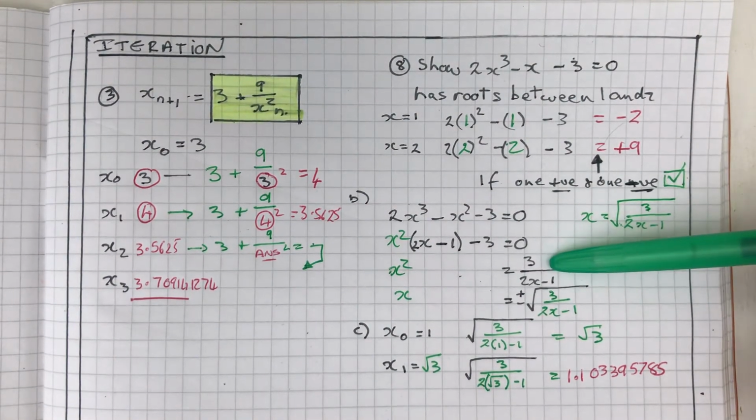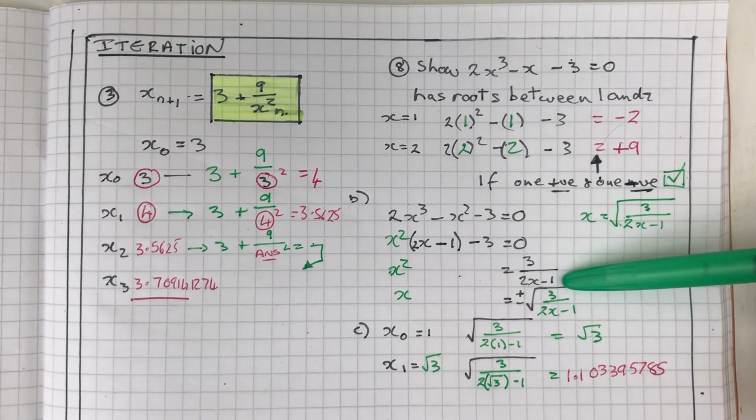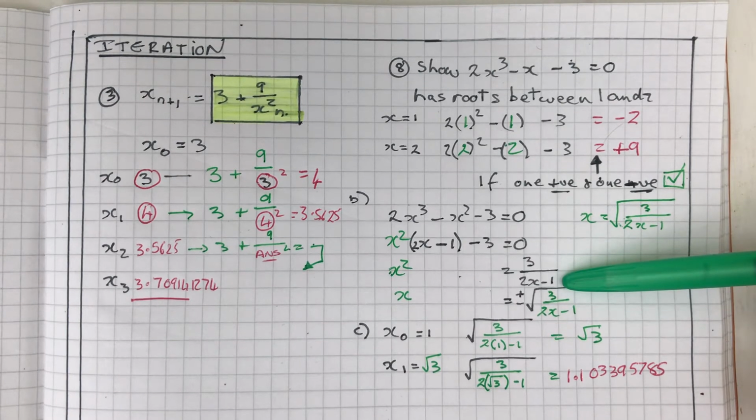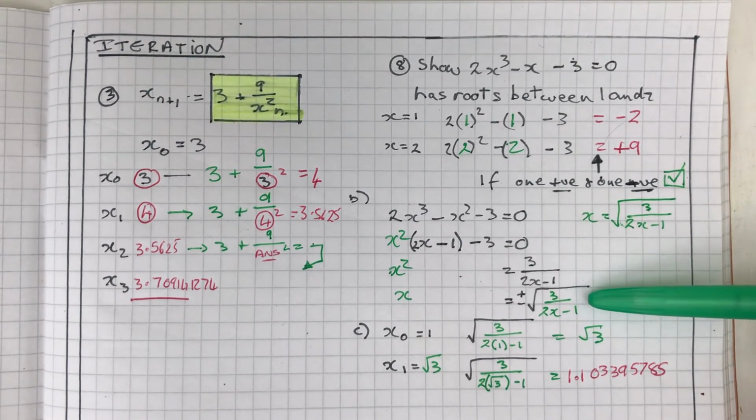If I add 3 to both sides, 3 moves over here, divide by 2x minus 1, 2x minus 1 moves down there, and if I take the square root of both sides, yes, I get plus or minus the square root of 3 over 2x minus 1.